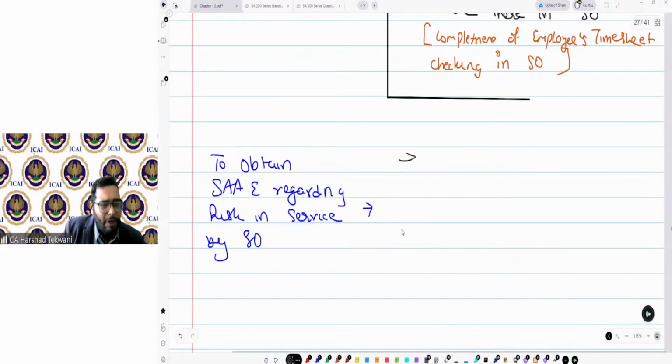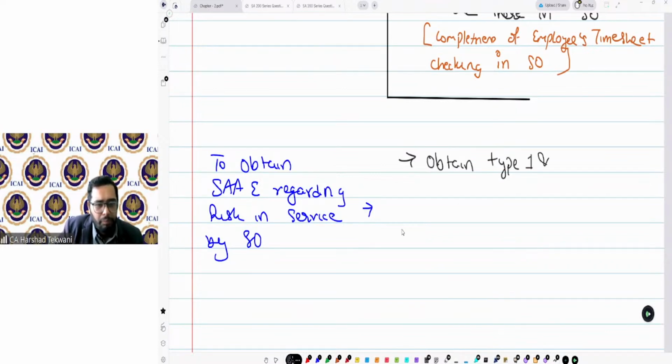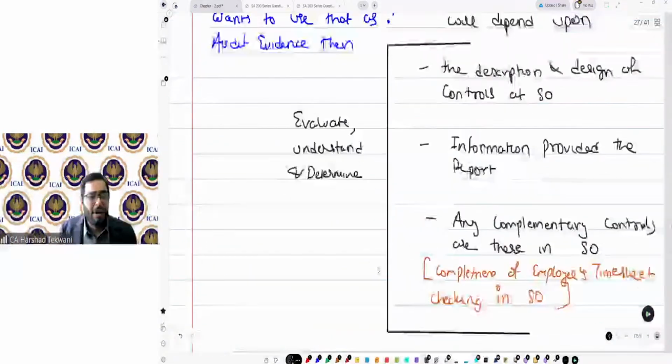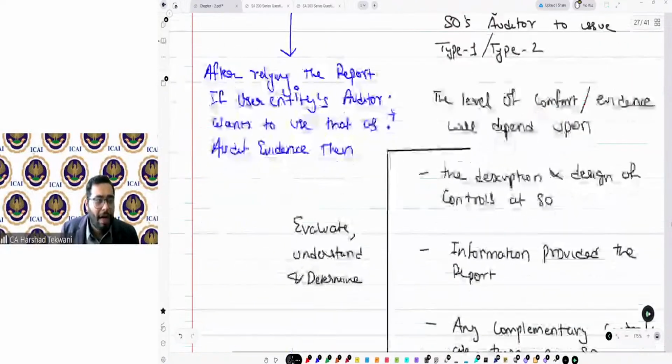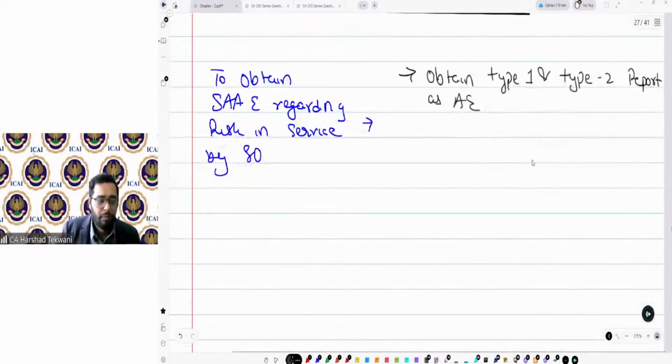I can either obtain a type 1 or type 2 report as audit evidence, but for that, I need to comply with this particular thing before relying and after relying, both.